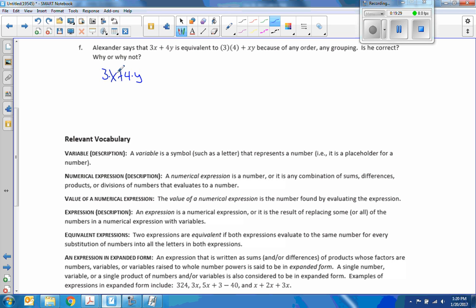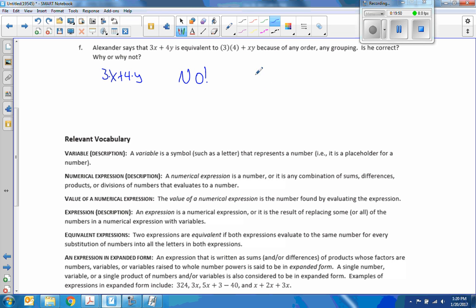It is not 3 times 4, and it's not x times y. It's addition. If I have 3 apples and 4 oranges, I do not say I have 12 apples times oranges. It doesn't make sense. The answer is definitely no.